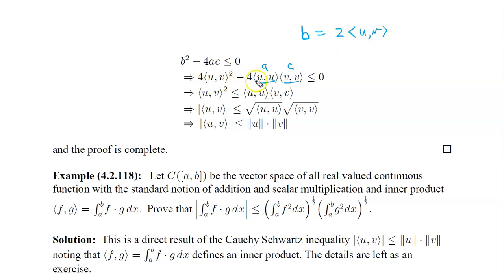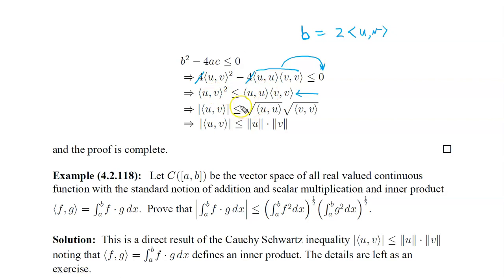Notice if we square this, we get 4 times the inner product of u with v, squared. Okay, so we have that this is less than or equal to 0. We can drop these 4's off, right? Just divide them to the other side. 0 divided by 4 is 0. And then let's move this term right here over to the other side, and we end up with this inequality right here. So the inner product of u with v, squared, is less than or equal to the inner product of u with u times the inner product of v with v.